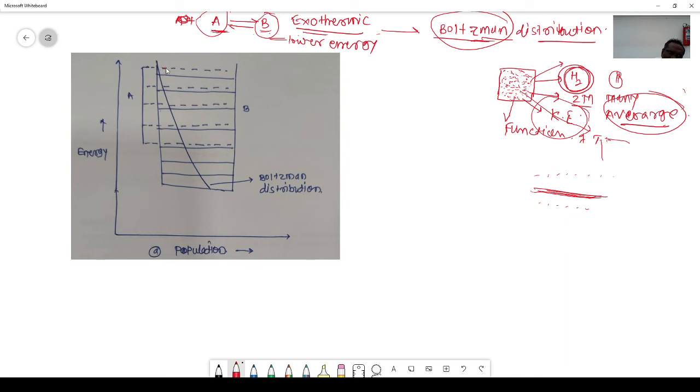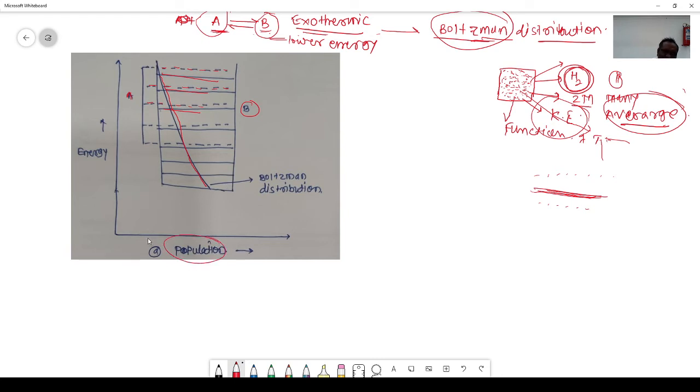These are the energy levels of the reactant A gas molecules, and these are the energy levels of the product B gas molecules. This is the Boltzmann distribution, where the energy level population decreases going down.